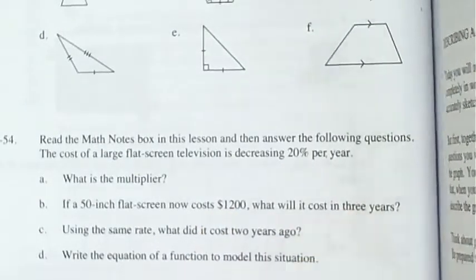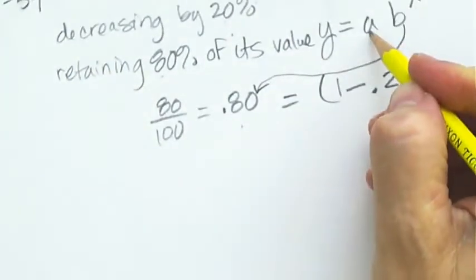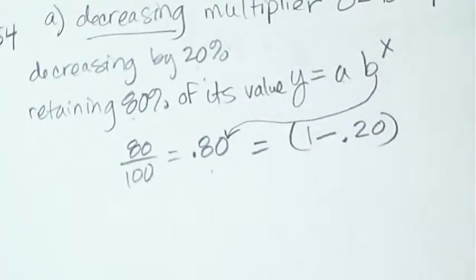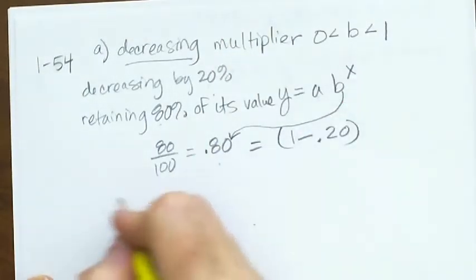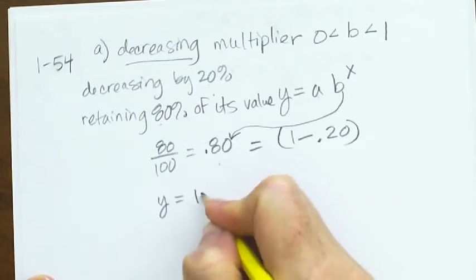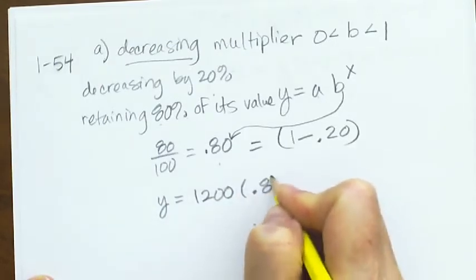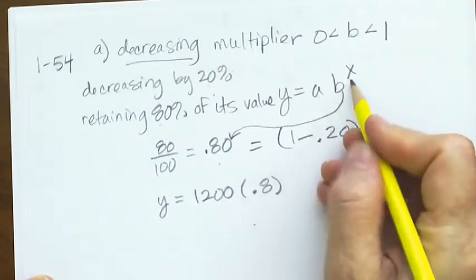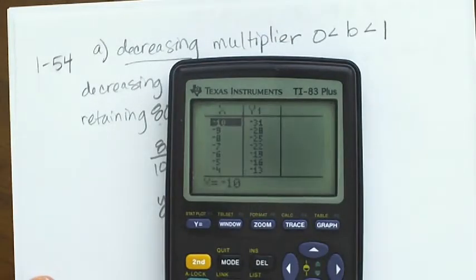I want to know what it's going to be in 3 years. So let's substitute $1,200 for the starting value. So y equals 1,200 times 0.8, and we're talking about 3 years, so to the third power. And then I'm just going to use my calculator, quickly figure that out.